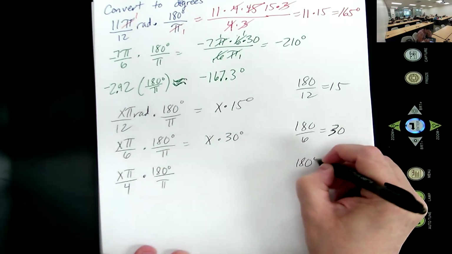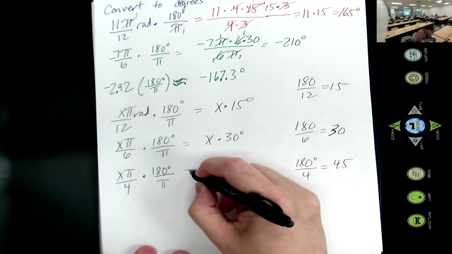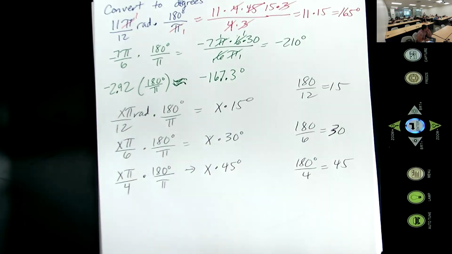If you do 180 degrees divided by 4, you get 45. So when you have a denominator of 4, you're looking at increments of 45 degrees. It's going to be really useful in a second when we're filling out our triple.